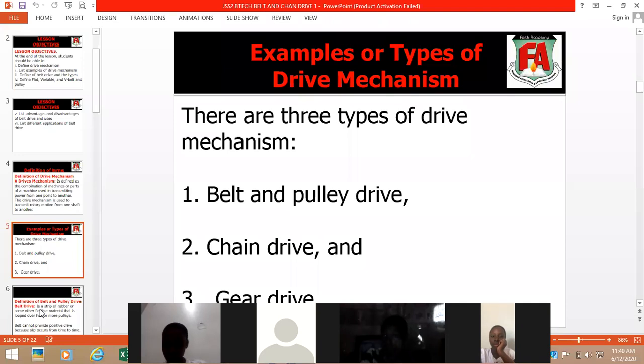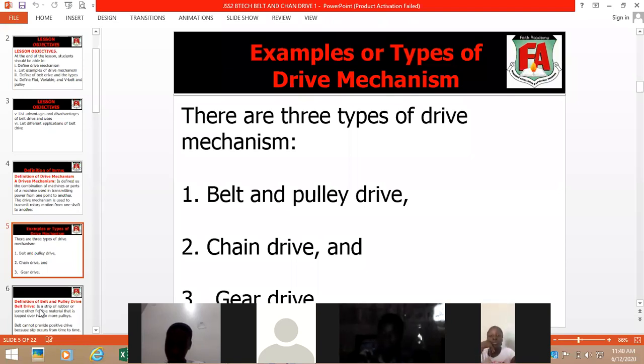There are three types of drive mechanism. Number one, we have belt and pulley drive. Number two, we have chain drive. And number three, we have gear drive.